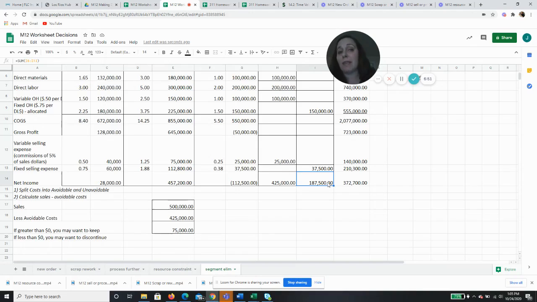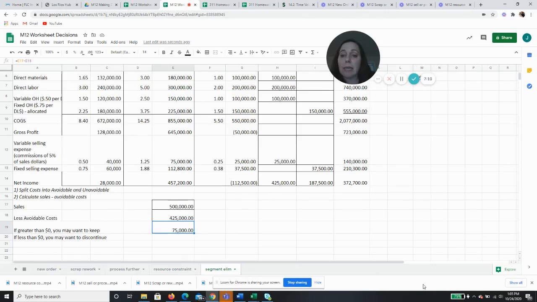If I don't make this product, then the whole $187,500 gets allocated to product A and B, meaning that my overall income would go down by the $75,000 that is currently available to offset some of that overhead.